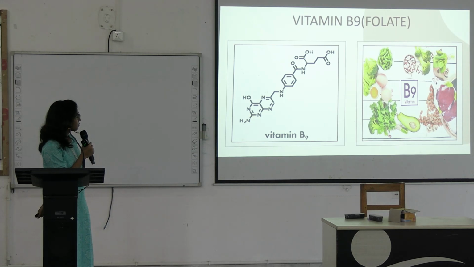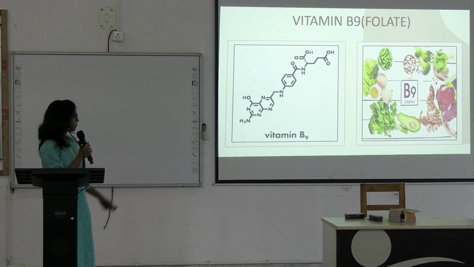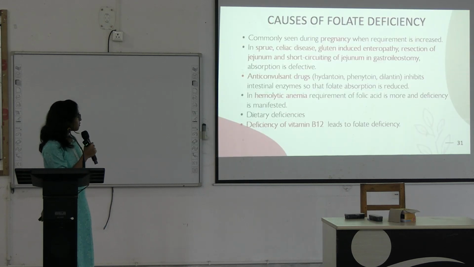Next, we have vitamin B9, which is folic acid. The name folic acid itself suggests a leafy vegetable. So absence of leafy vegetables in the diet can cause folic acid deficiency. Causes of folic acid deficiency: it is commonly seen during pregnancy when requirement is increased.